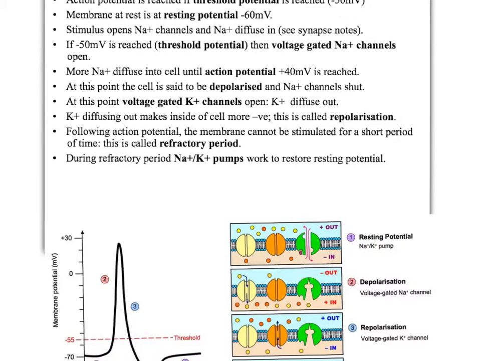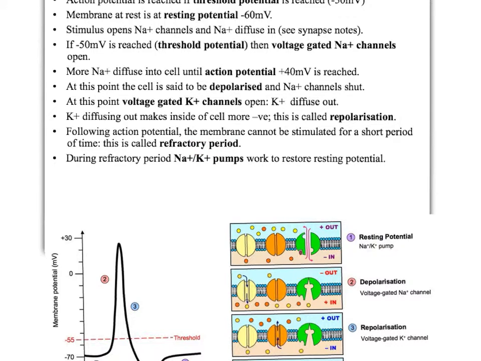After the voltage-gated ion channels have opened and shut, they remain inactive for a period of time when they can't be re-stimulated to open, irrespective of changes in voltage, and this is known as the refractory period. That's quite important for the transmission of a nerve impulse, and we'll come back and look at that later.